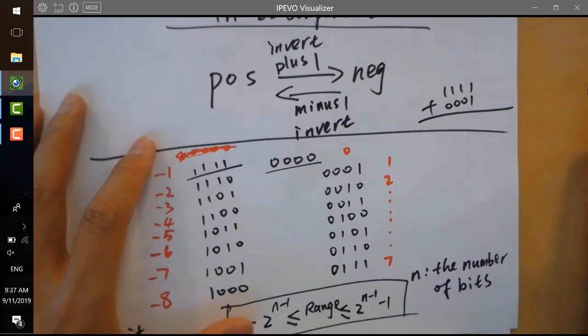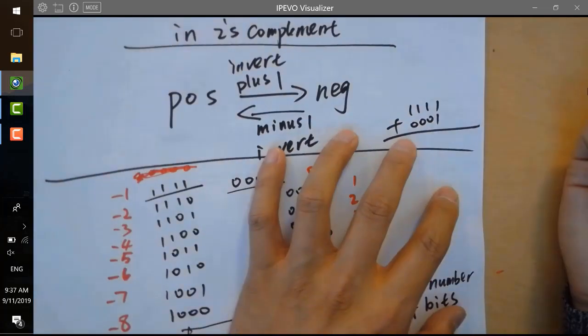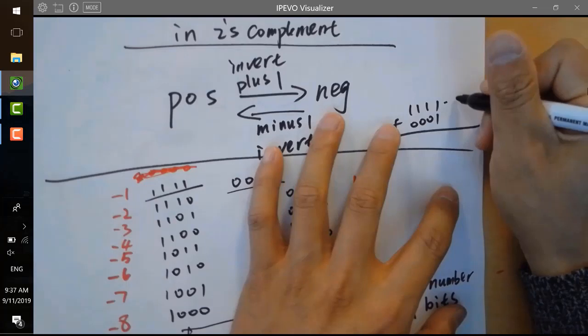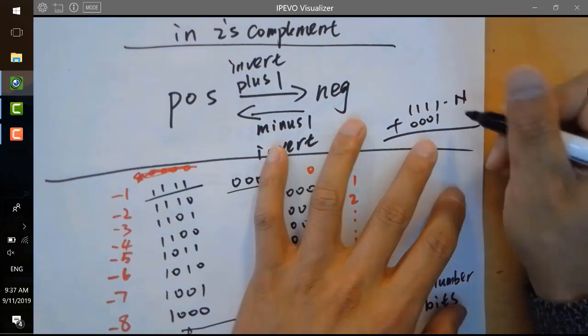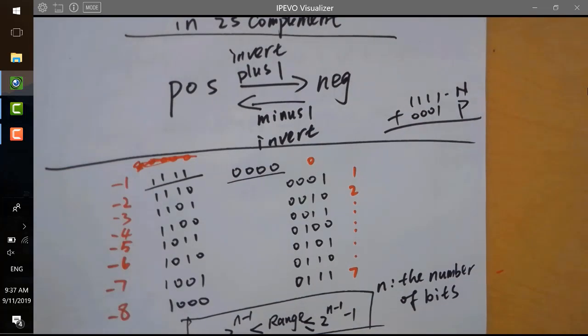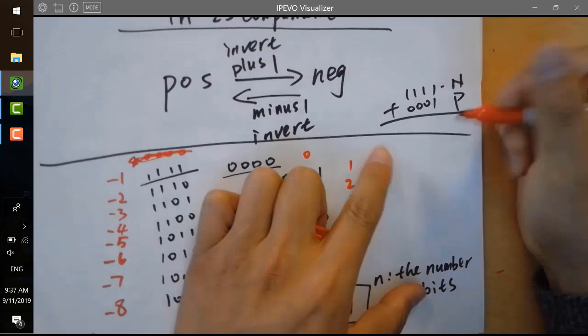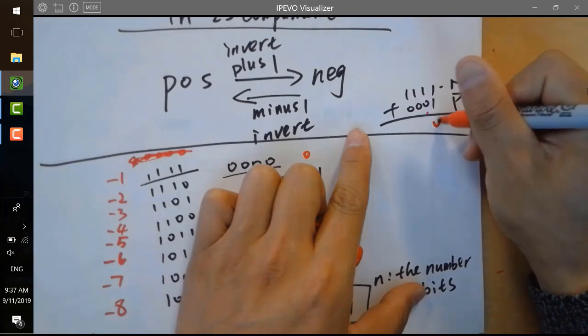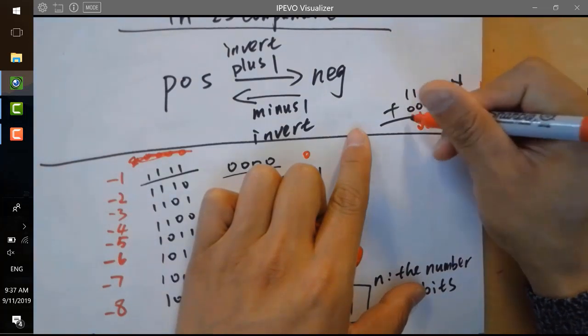Good question. So what's this number? What's this? N, right? What is this? P. Is there a chance to get overflow? No, N plus P. Remember, you are reducing the magnitude. However, you get a carry. That's a good example. So you are getting 0, 0, 0.